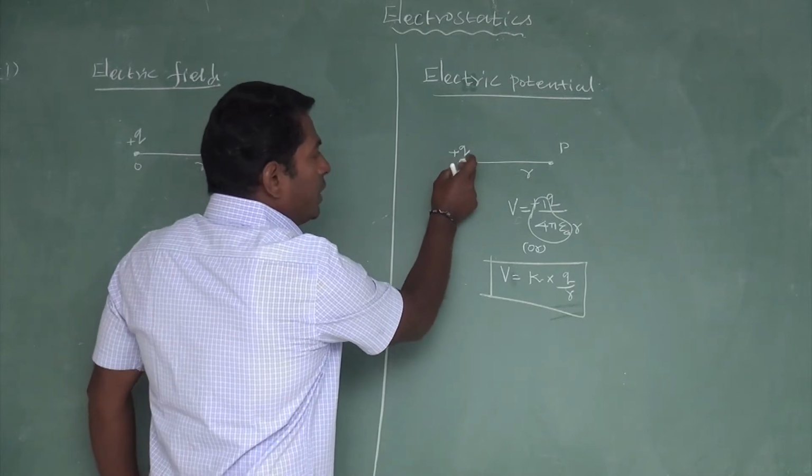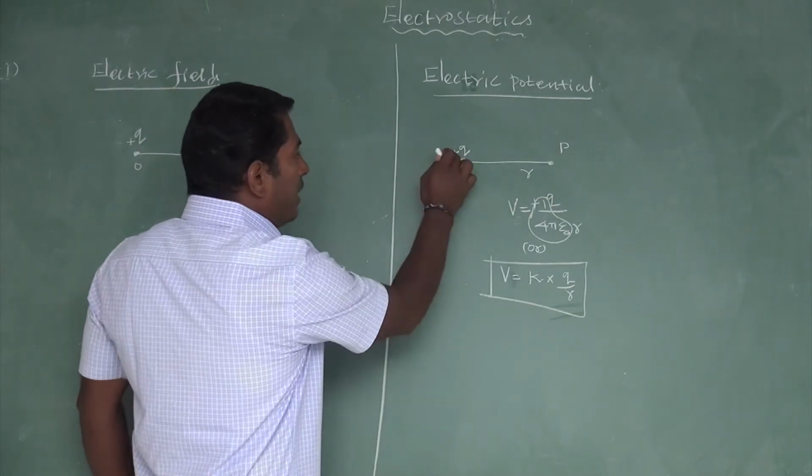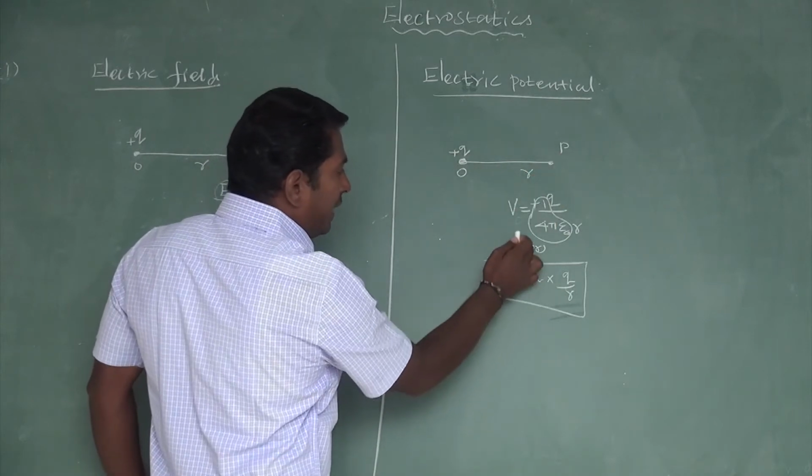A positive point charge produces positive electric potential near it.